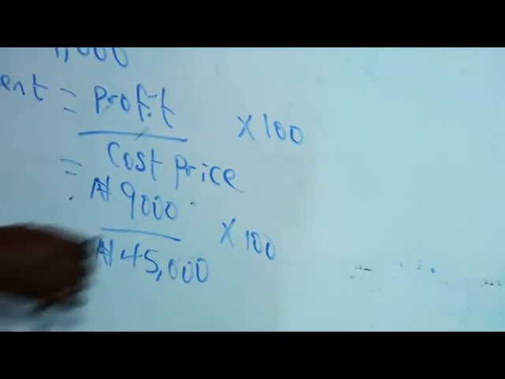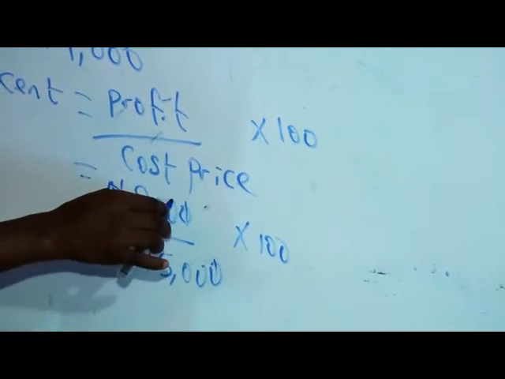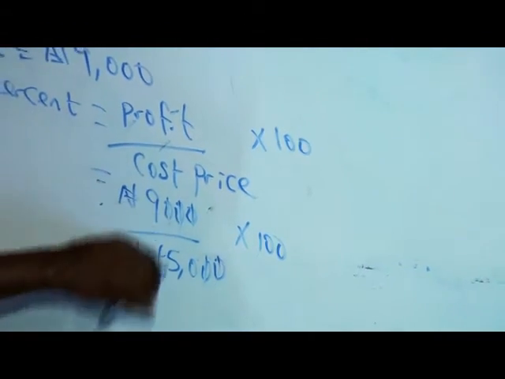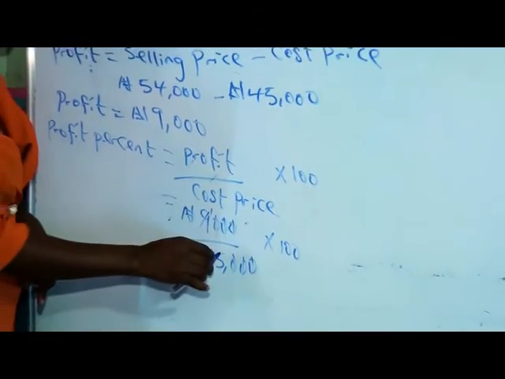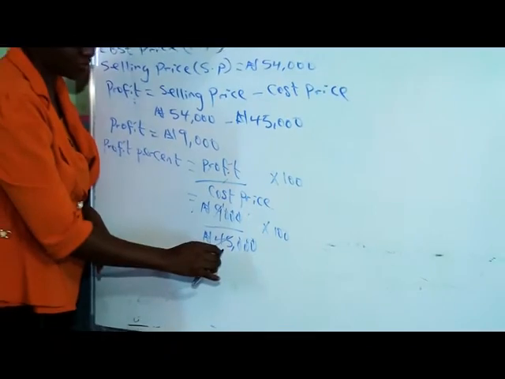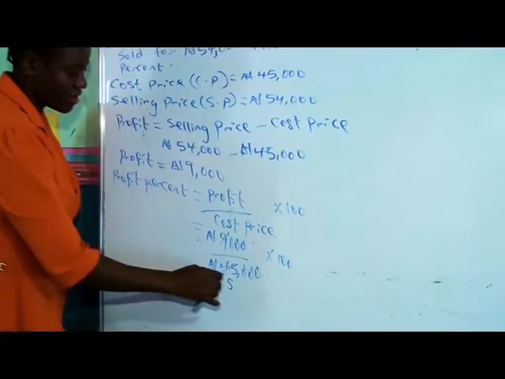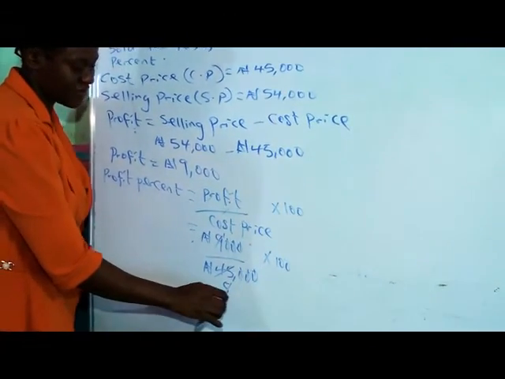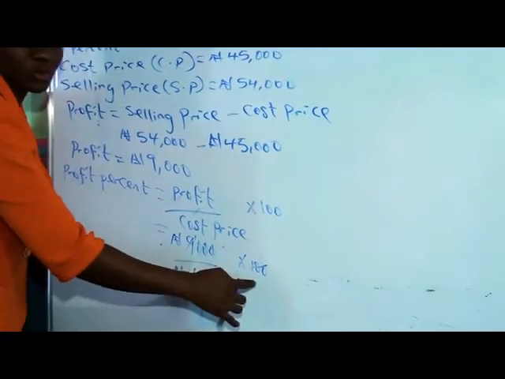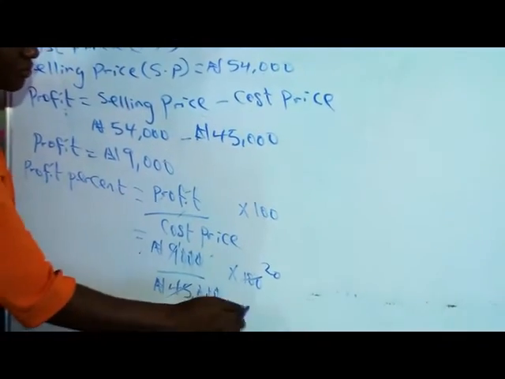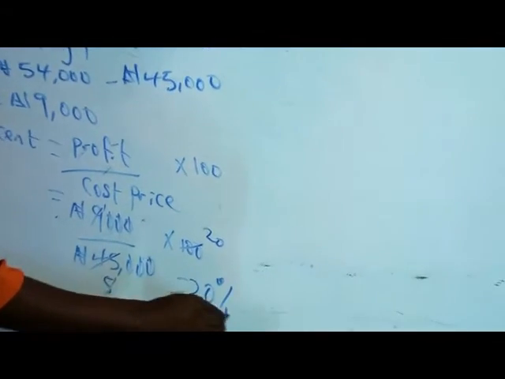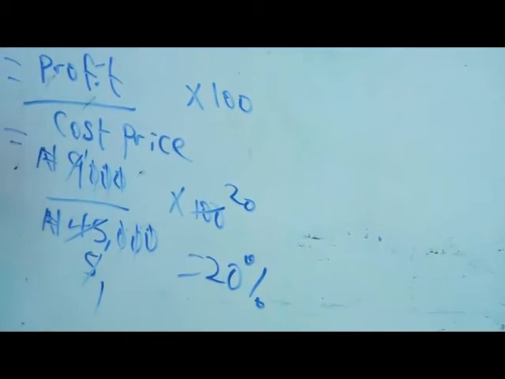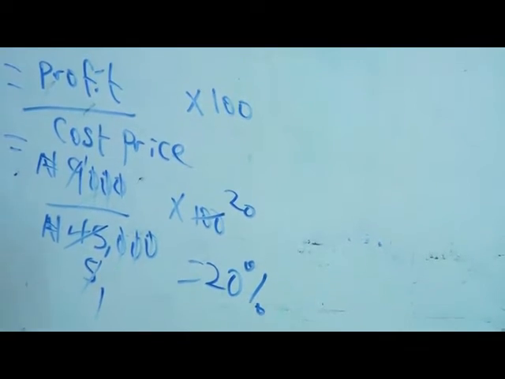A 0 crosses out a 0, and so on. 9 divides 9 to give us 1, and 9 divides 45 to give us 5. 5 divides 5 to give us 1, and 5 divides 100 to give us 20. So the profit percent here is 20%.